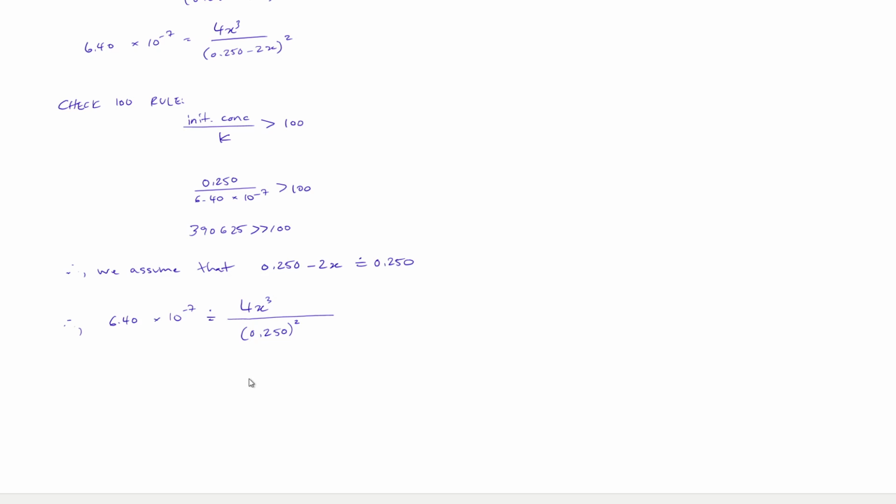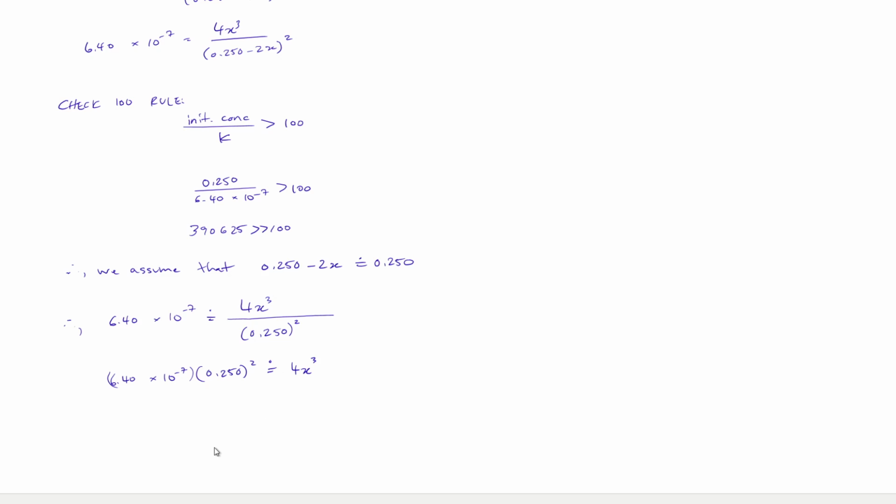And then when I rearrange things, I end up with basically 6.40 times 10 to the negative 7 times 0.250 squared is equal to 4x cubed. Again, this is an approximation, so I'll keep the dot above the equal sign.